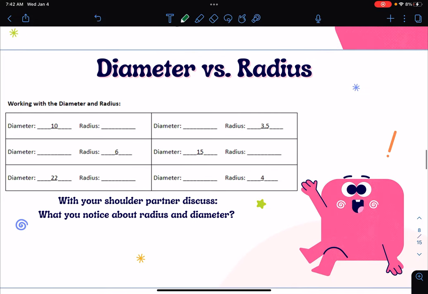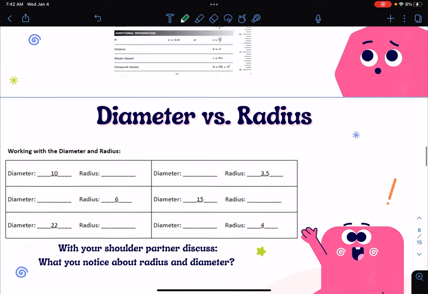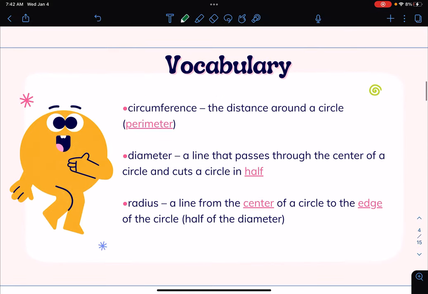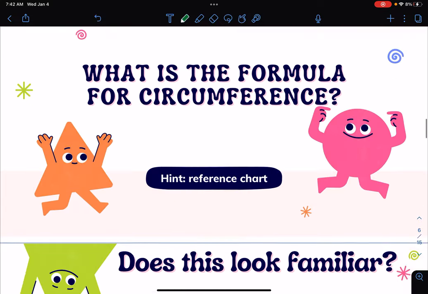So now we have diameter versus radius. If you remember from your vocabulary, I'm going to go ahead and come back to vocabulary. It says radius is a line from the center of a circle to the edge of the circle. It's half of your diameter. Okay?